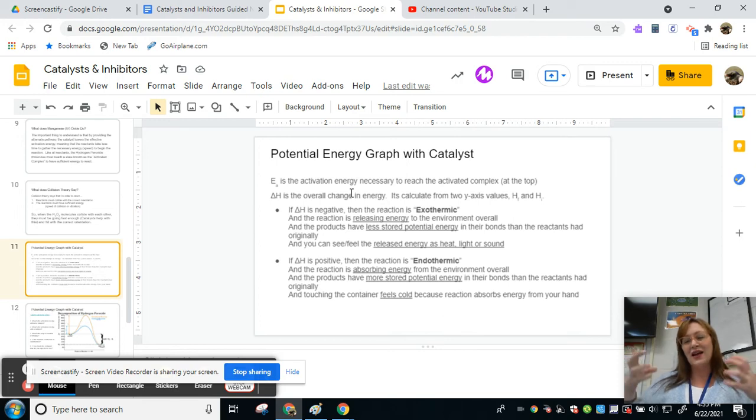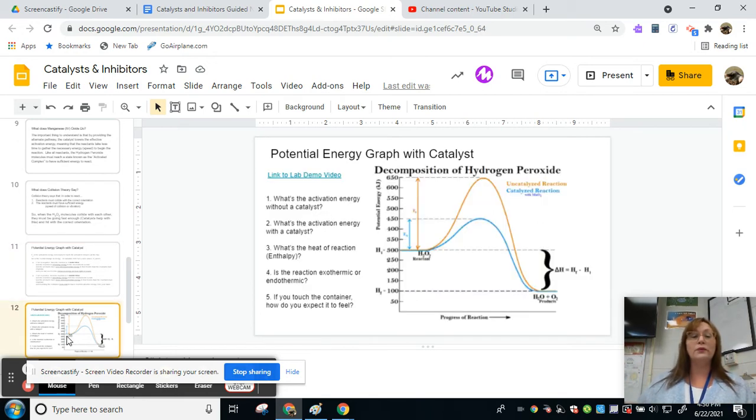So the reactants have to draw energy out of the air around them or the container that they're in. This means that the products have more stored potential energy than the reactants had originally. So if you touch this container, it's going to pull energy out of your hands. So your hands are going to feel cold or cool. Okay, now that you know what all those terms are, we can take a look at the graph.